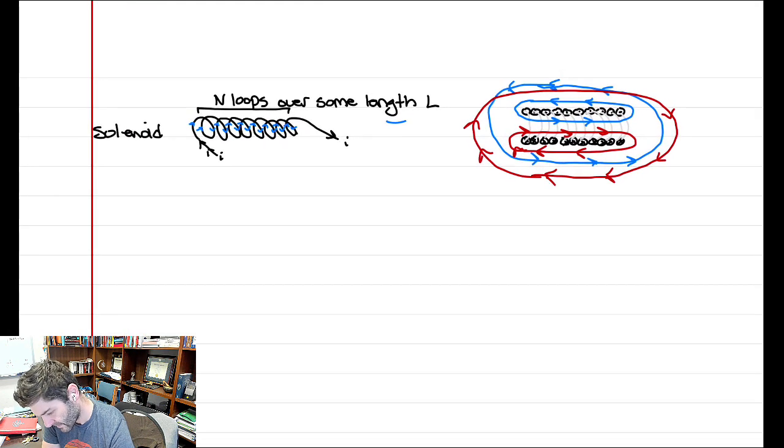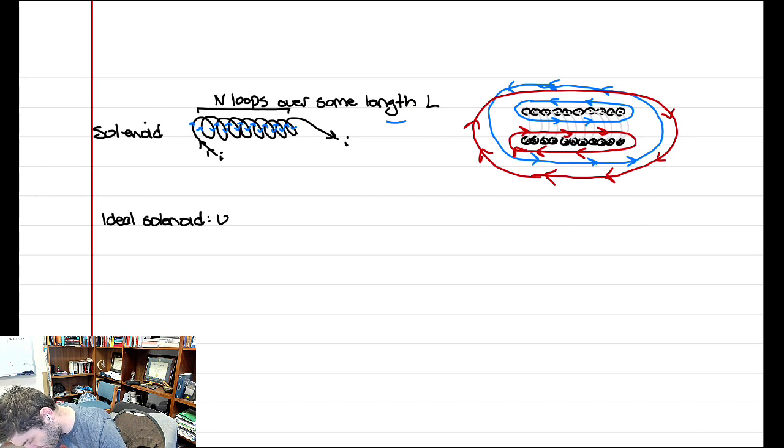For the ideal solenoid, there ends up being a uniform magnetic field inside, and no magnetic field on the outside.